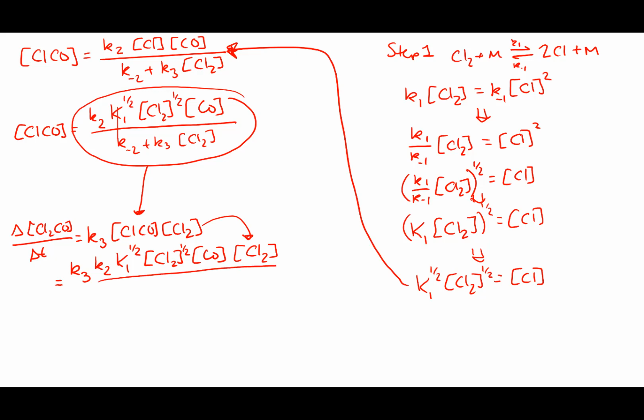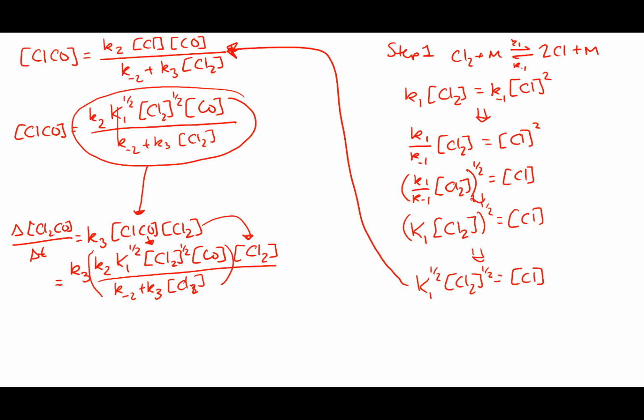Divide all of that by k minus 2 plus k3 times the concentration of Cl2, right? So all of this right here comes from right there. If we simplify it a little bit more, we can take the Cl2 to the power of 1/2 and multiply that by Cl2 to the power of 1.